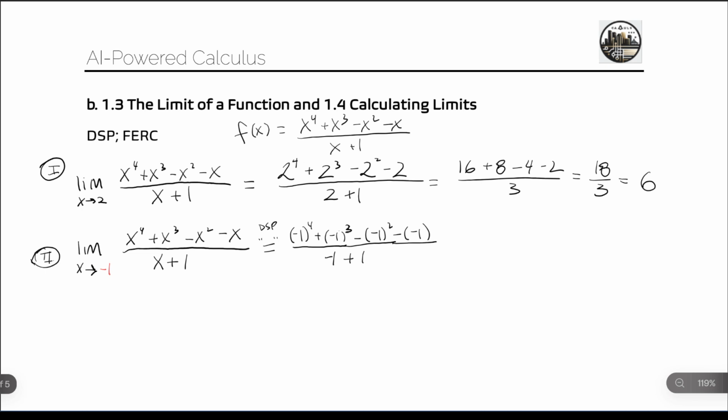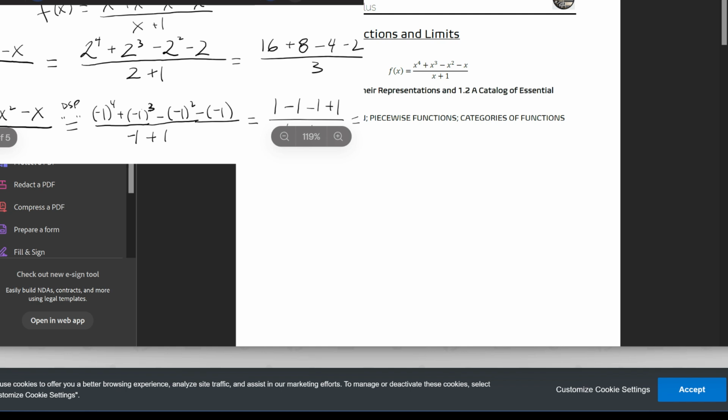Now I'm looking at the denominator like, ooh, it's going to be a problem. -1 to the 4th power is 1, -1 cubed is -1, negative (-1) squared is -1, plus 1, and we get plus 1. If I did my math right, that's looking like 0 over 0. That is a problem.